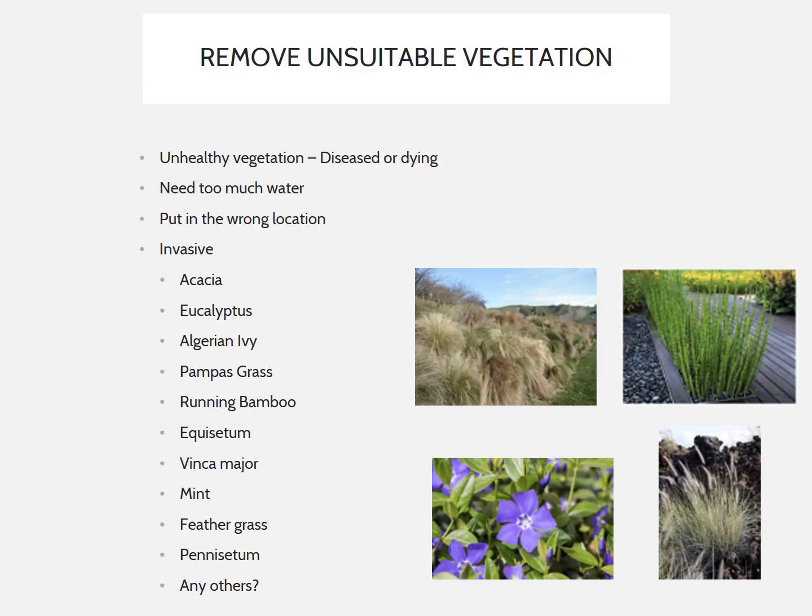Remove unsuitable vegetation. Unhealthy vegetation that's diseased or dying, it's always good to get rid of it before it spreads to your healthy plants. Plants that need too much water are never good to have nowadays, or if they're put in the wrong location, or invasive. We always want to get rid of invasive plants, and we never want to use them in a design, especially if it's in a natural area where it can escape your backyard.